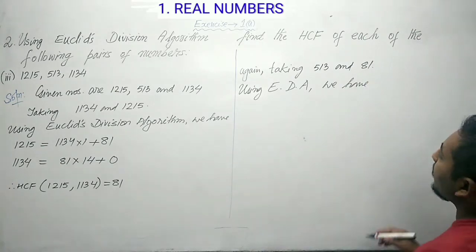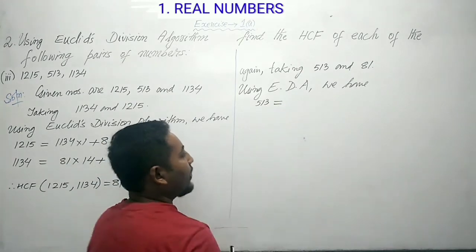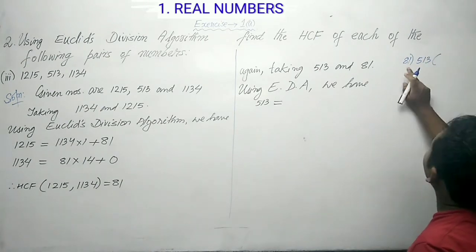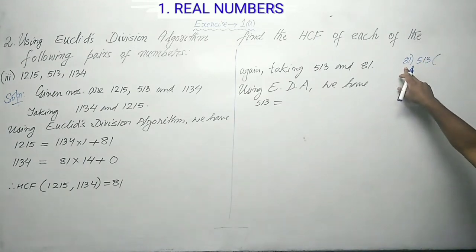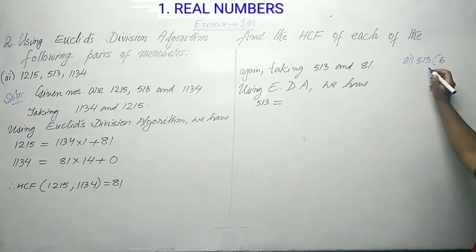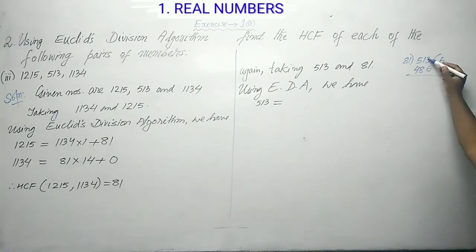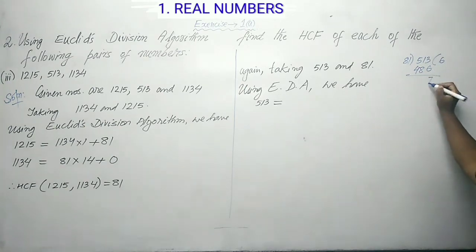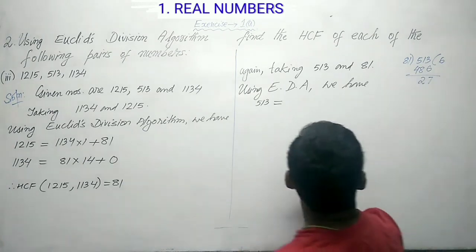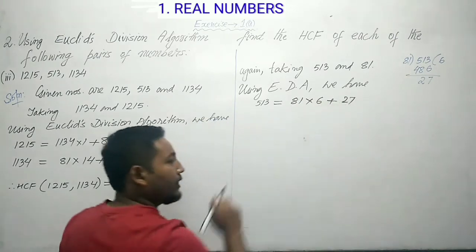Now, let us divide as per the rule. 513 is bigger, so let us divide 513 by 81. 81 will divide 513. 81 6s are: 6 1s are 6, 6 8s are 48. 13 minus 6 is 7. 50 minus 48 is 2. You have 27. So you can write down 81 into 6 plus 27. Still the remainder is not 0.